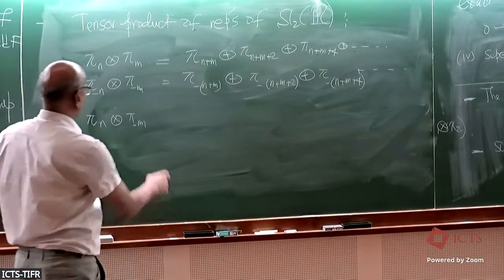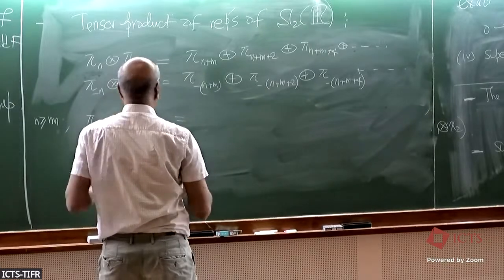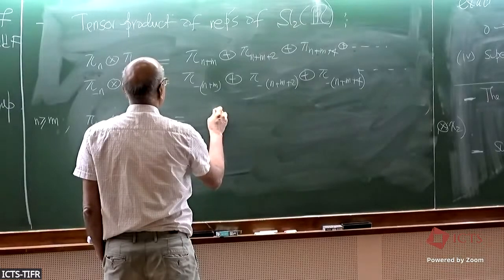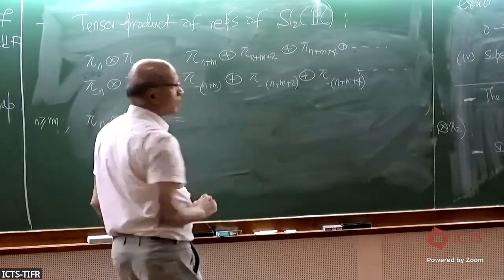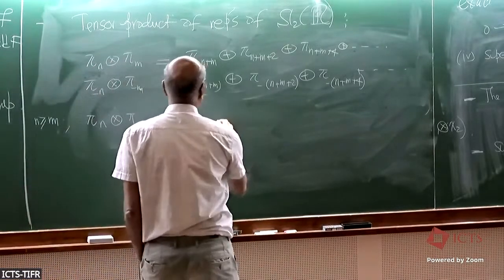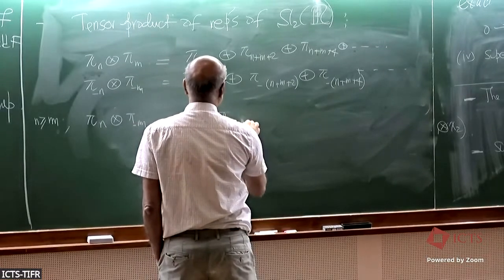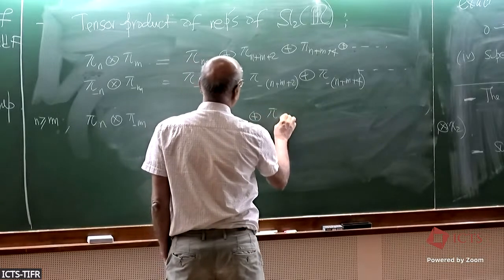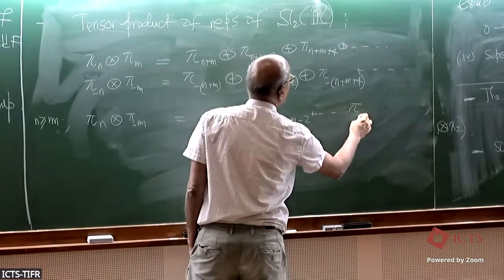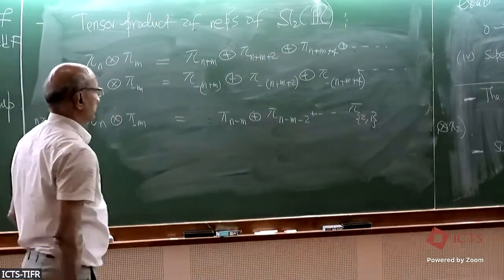So then I think you can convince yourself that these are representations. There are only finitely many discrete components to this representation, and the discrete components are pi_{n-m}, plus pi_{n-m-2}, and so on, ending at pi_2 or pi_1, depending on the parity.